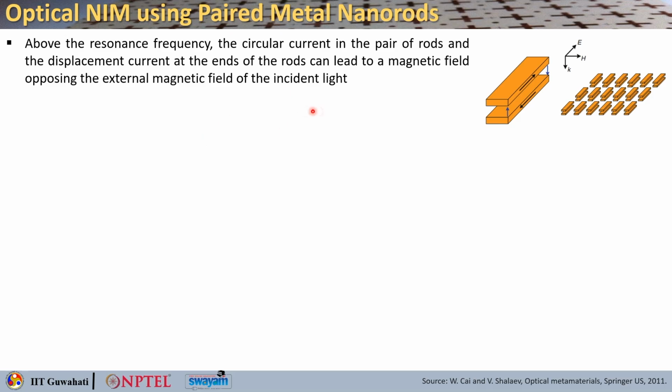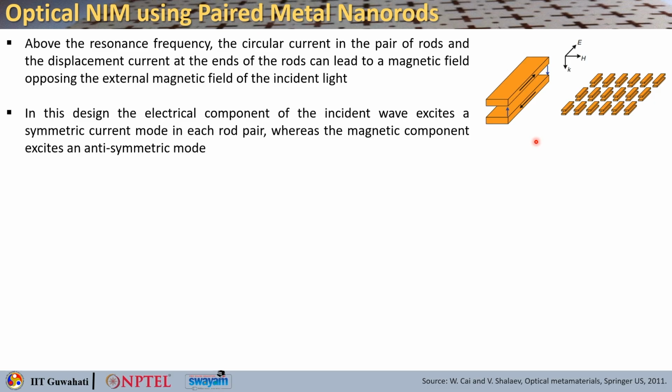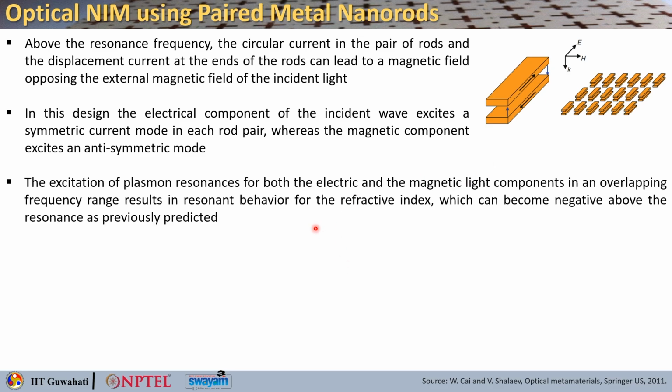Above the resonance frequency, the circular current in this pair of rods and the displacement current at the end of the rods can lead to a magnetic field that opposes the external magnetic field of the incident light. In this design, the electric component of the incident wave excites a symmetric current mode in each rod pair, whereas the magnetic component gives you antisymmetric modes.